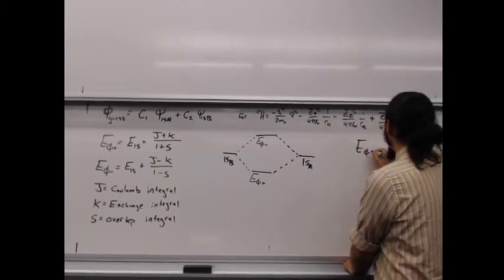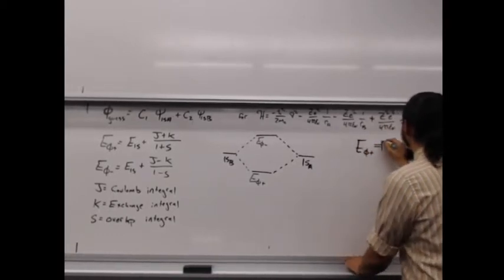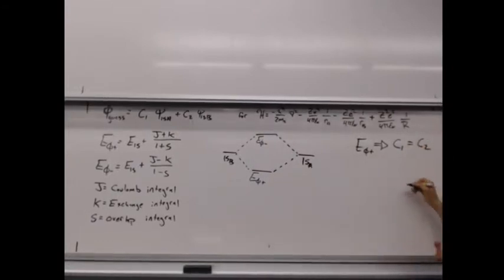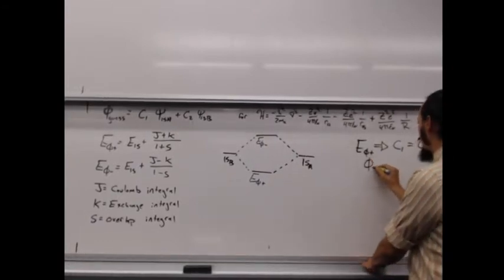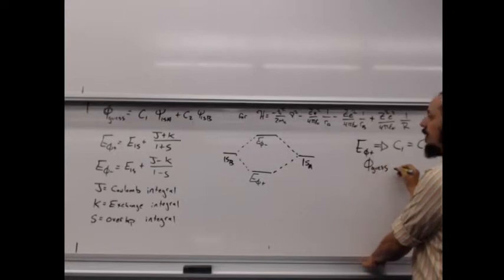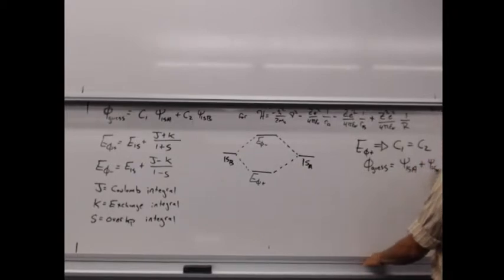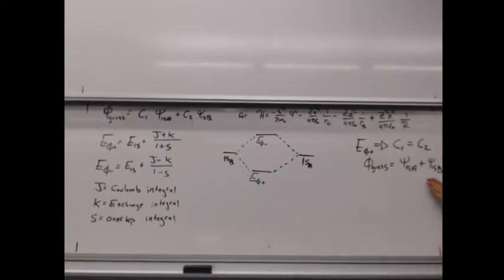For our E plus, we end up with C1 equals C2, which is going to give us our phi guess is going to be equal to psi 1sA plus psi 1sB. Right? We get this cooperative type situation.